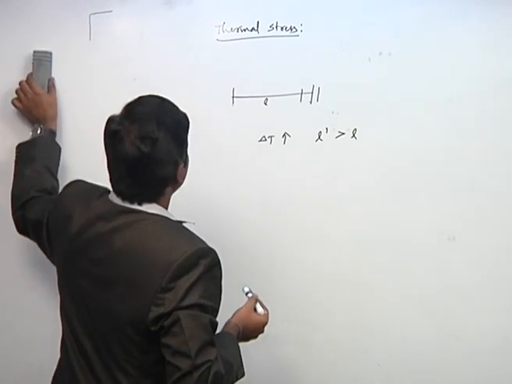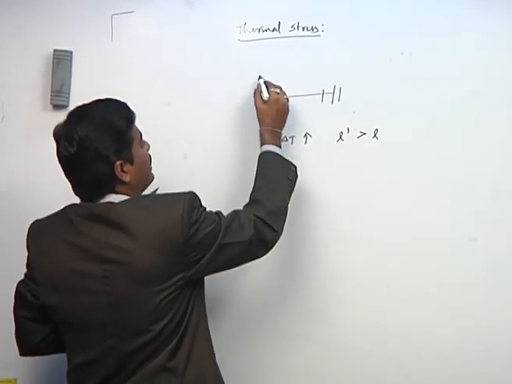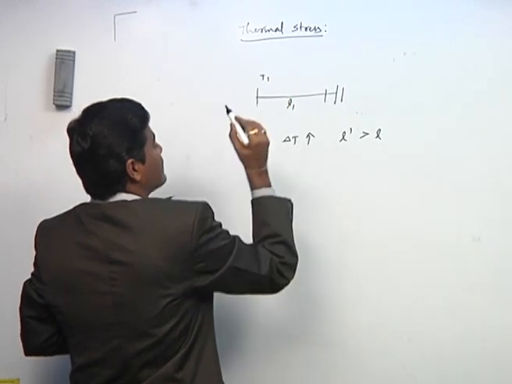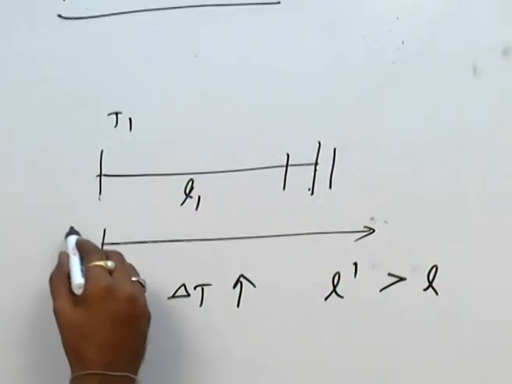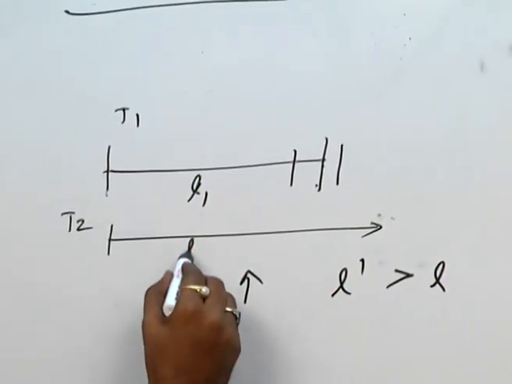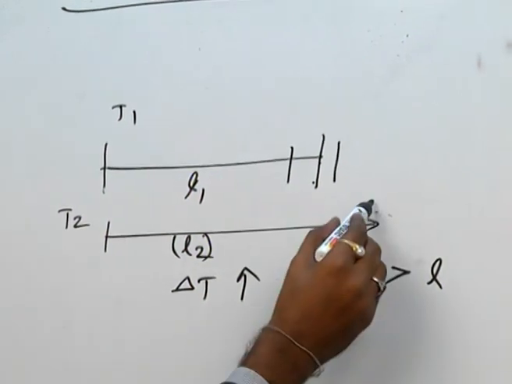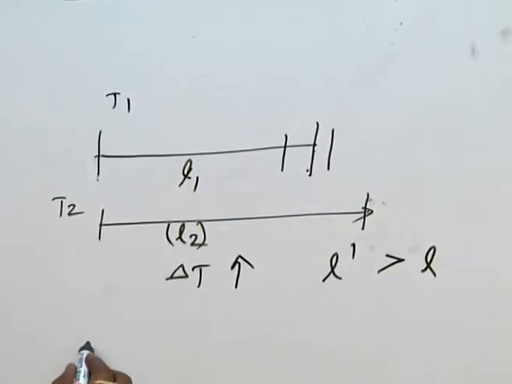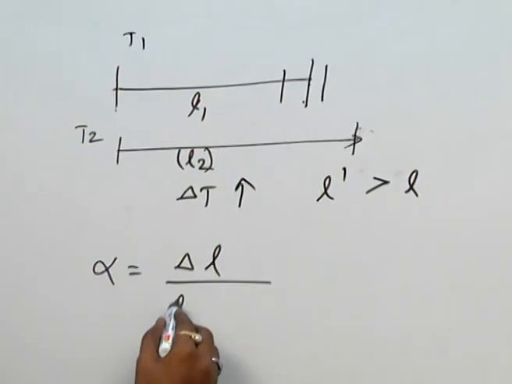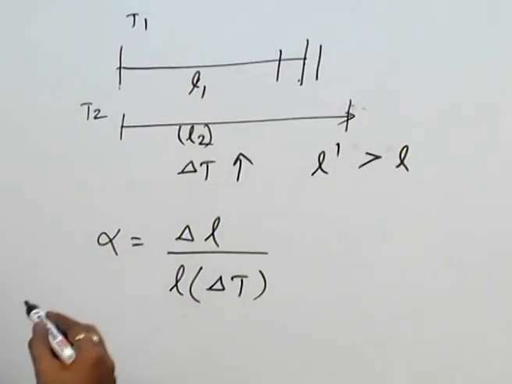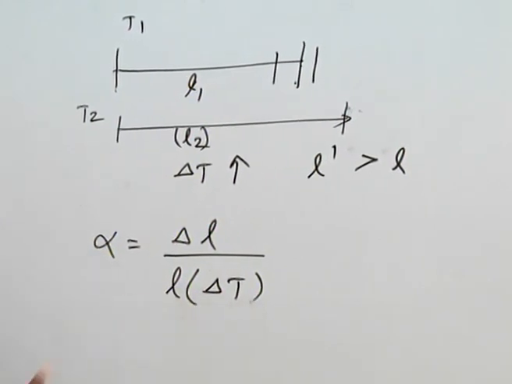See here, as the initial temperature is T1 and initial length is L1, as the temperature increases to T2, the length increases to L2. According to our expansion of solids, alpha is equal to what we derived, delta L by L into delta T. So this is the change in length, this is the initial length, this is the temperature difference.